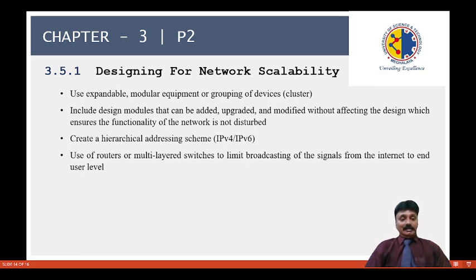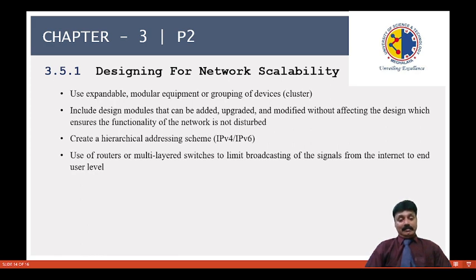The third thing is creating a hierarchical addressing scheme which deals with IPv4 or IPv6 for more nodes: IPv6 is 128 bit and IPv4 is 32 bit. Then use routers or multi-layered switches to limit broadcasting of the signal from the internet to the end user level. That is another design method.